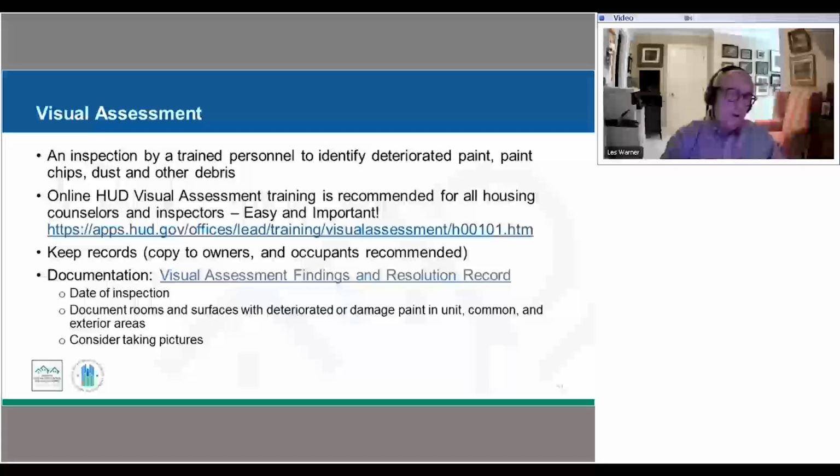I mentioned earlier the visual assessment findings and resolution report, so we're tracking the information as we complete that inspection. Anytime we can take pictures, those will be added to that record and will be really helpful. And we're going to make sure that owners and occupants have that information provided to them.